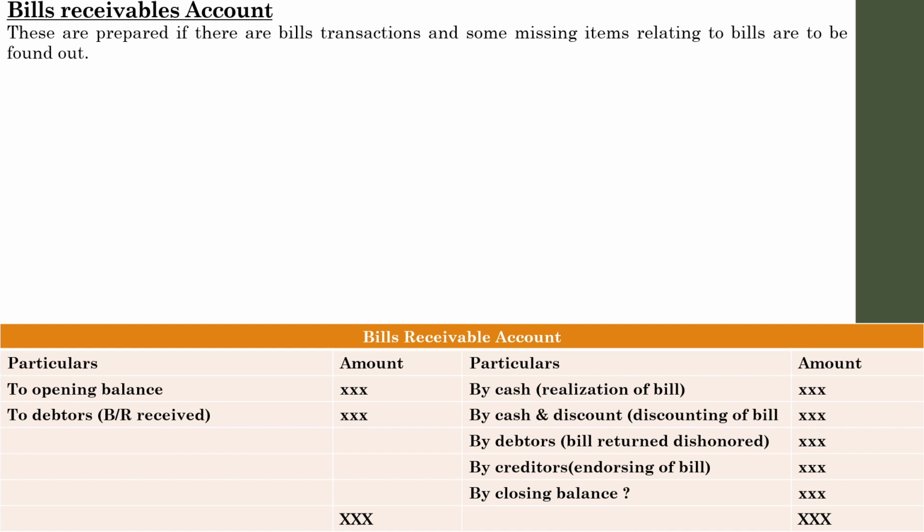So I have prepared a bill with the person B. Instead of paying cash to person A, I can give this bill to the creditor so that my liability to person A is cleared, because that bill has a value of receiving 1000 from person B. So instead of person B giving the amount to me, it can be transferred to the creditor. That is the meaning of endorsing of bill.